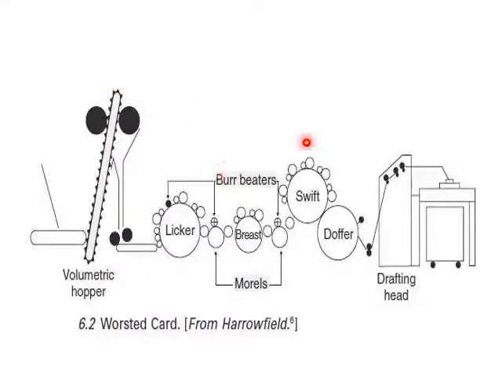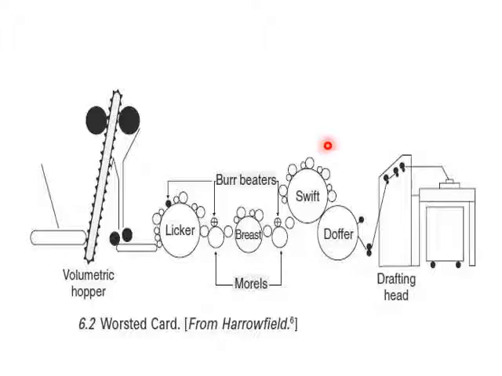Generally, a woolen card or worsted card is a type of tandem card where there are several cylinders. The breast and swift are types of cylinder, and the length of the card depends on the amount of vegetable contamination present in the wool fiber.